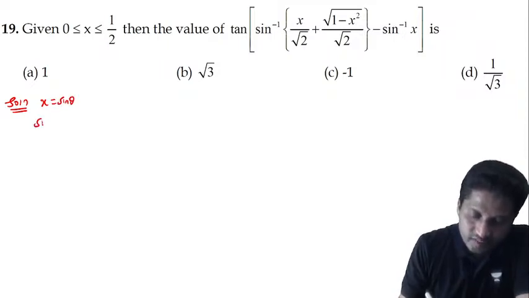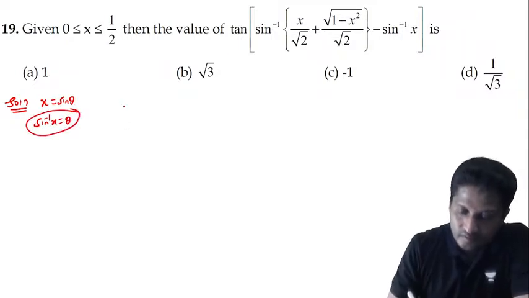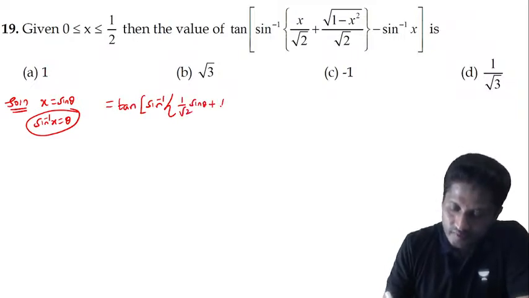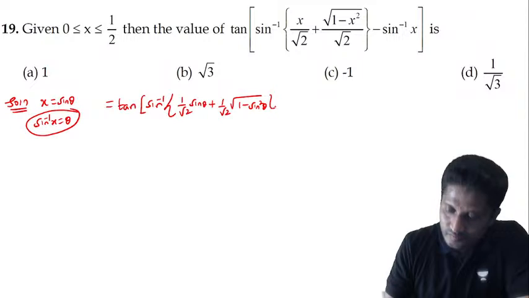So this means that sin inverse of x is equal to theta. So this is equal to tan of sin inverse of, x is equal to sin theta, 1 by root 2 into sin theta plus 1 by root 2 into root of 1 minus sin square theta, and then minus theta, since sin inverse of x is equal to theta.